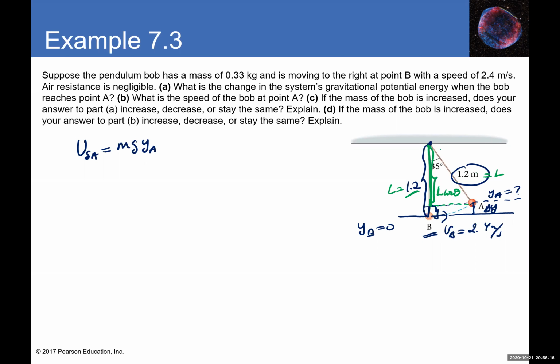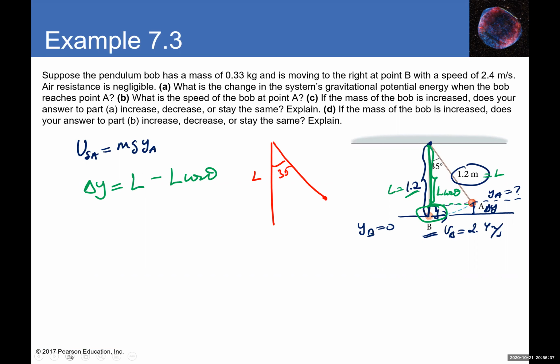Now, if I have the entire length, that means delta y, this little bit of change, is equal to the entire length minus that projection of L cosine theta. Think like this again. If this is the entire length L, now it goes somewhere over here, 35 degrees.